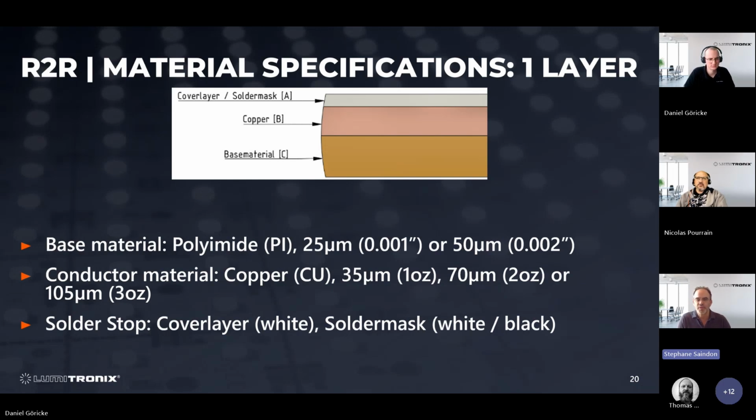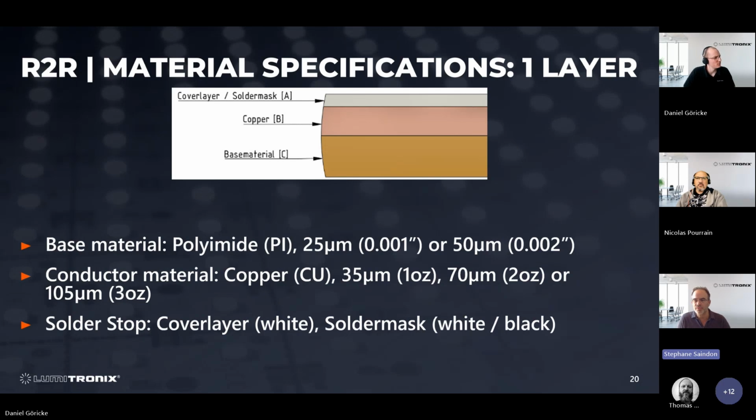For single layer, we typically use a substrate, a base material of polyimide, often written as PI, of 25 micron or 50 micron thickness. We added some of the North American measurements.